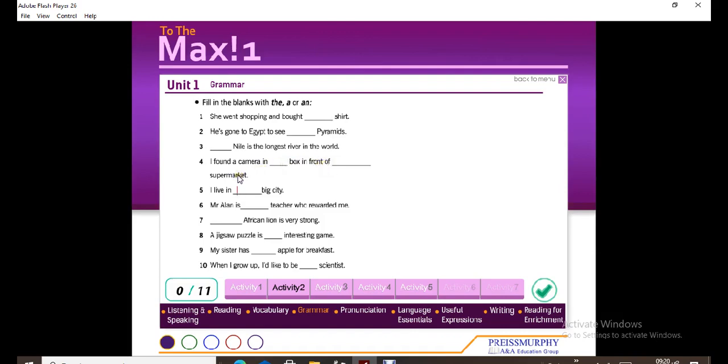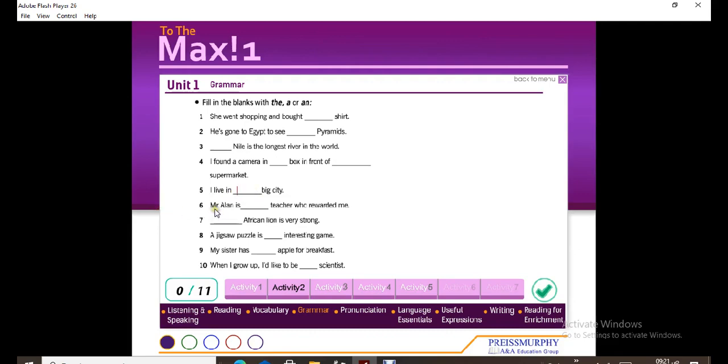I mean a specified supermarket. In front of the supermarket. Okay. This is number 5. I live in a city, for example, mentioned for the first time, and here there is big, so I'm going to choose: I live in a big city.